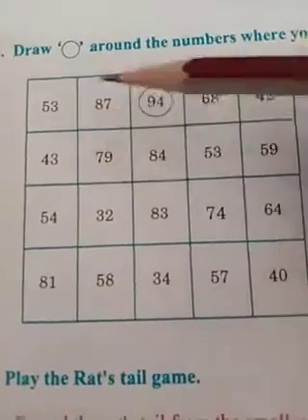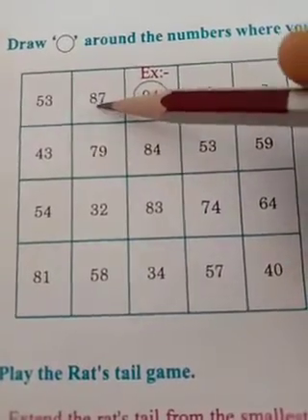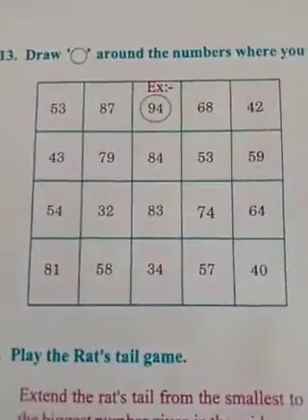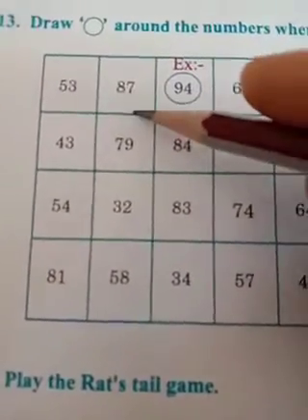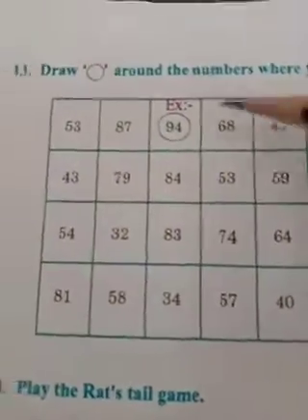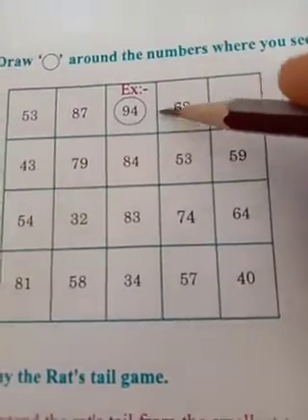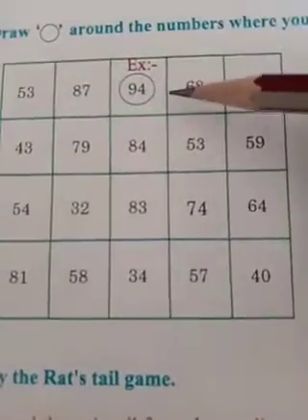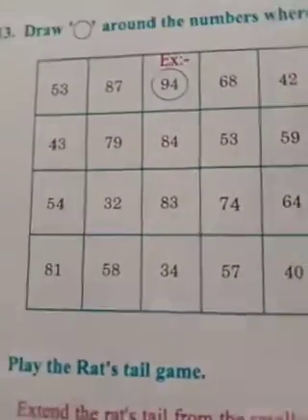No, so this number is not circled. Here, 7 in ones place, 8 in tens place. So this number also is not circled. This one has 4 in ones place, 9 in tens place, so this number is circled. Already circled here. One example is given.